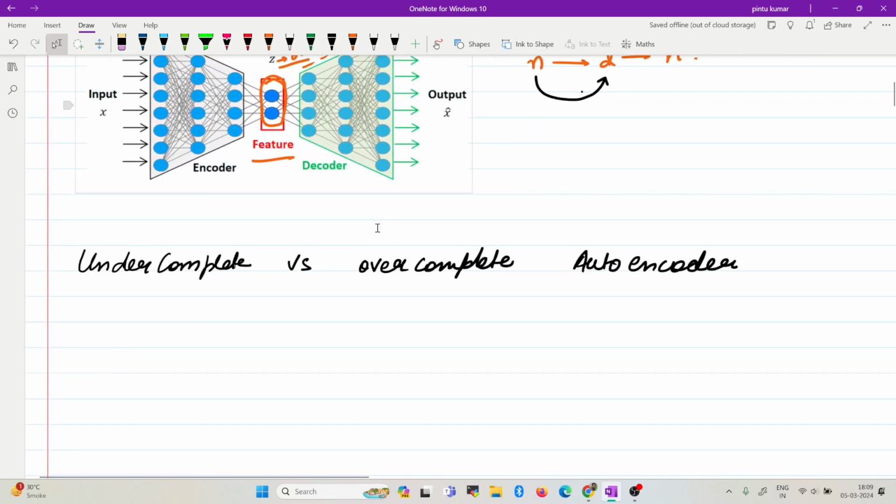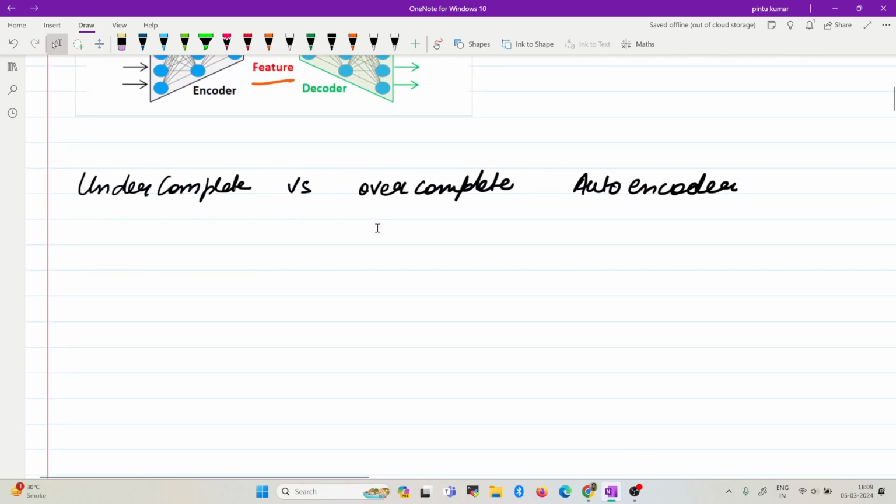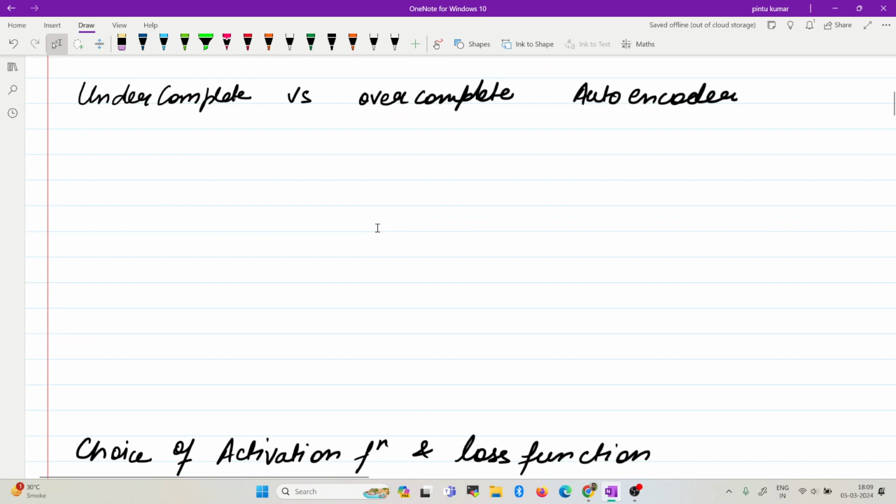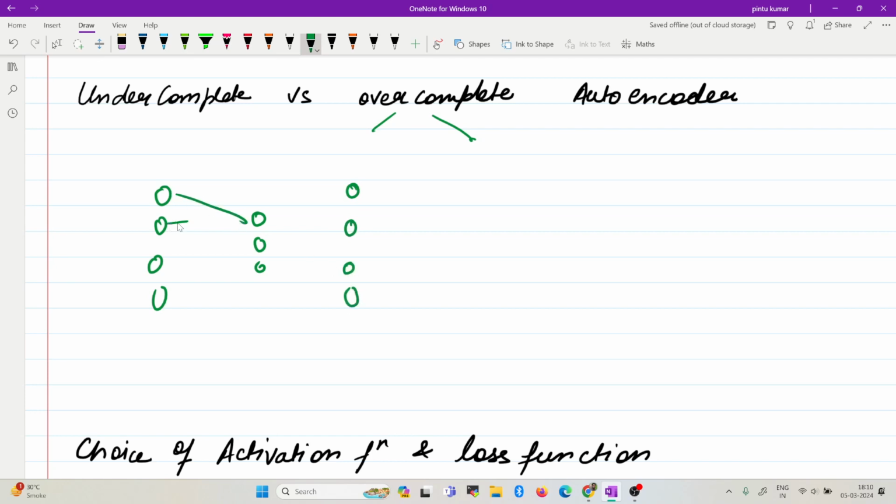Today I'm not going to go into a lot of discussion. There is something known as undercomplete and overcomplete autoencoders. You can divide autoencoders into two parts: one is undercomplete, another one is overcomplete. An undercomplete autoencoder looks something like what we just discussed. We have some higher dimensional input. I'm not drawing all the connections; you know how a multi-layer perceptron looks.